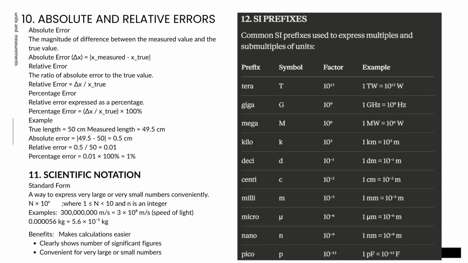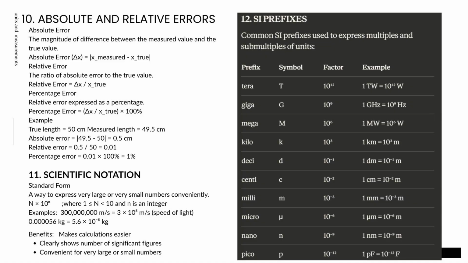Absolute error is measured value minus the true value. Relative error is the change in measurement over the true measurement.